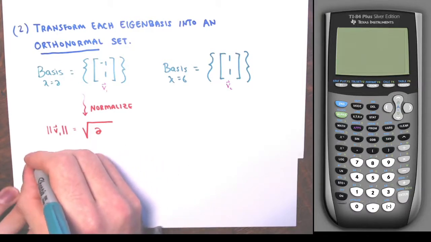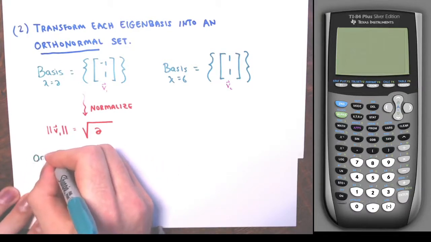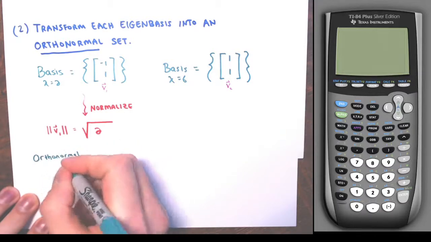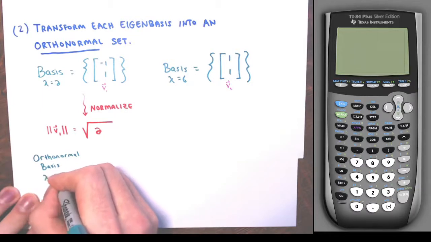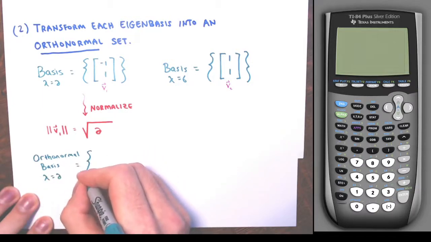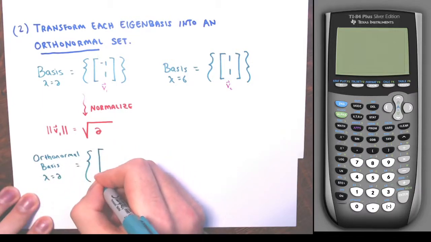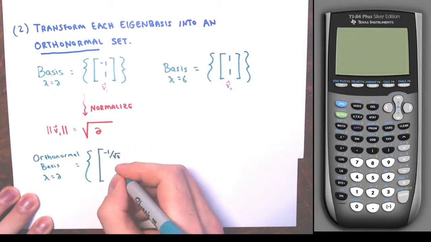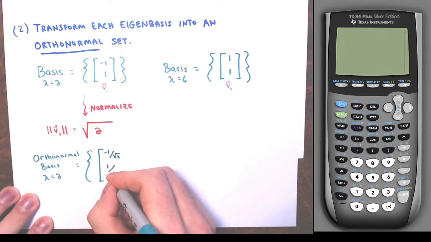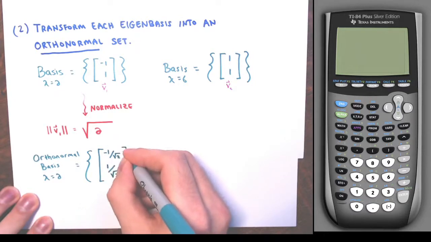So here's an orthonormal basis for that eigenspace when lambda equals 2: this vector here, negative 1 over the square root of 2 and 1 over the square root of 2, just dividing the vector by its norm.